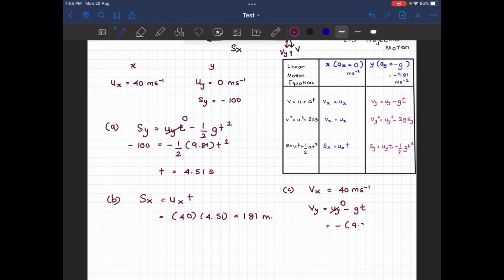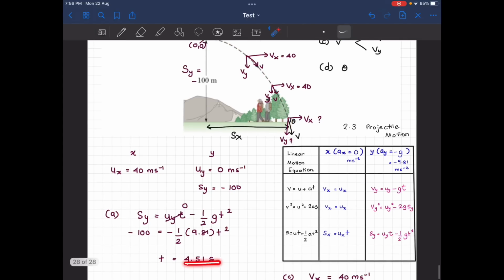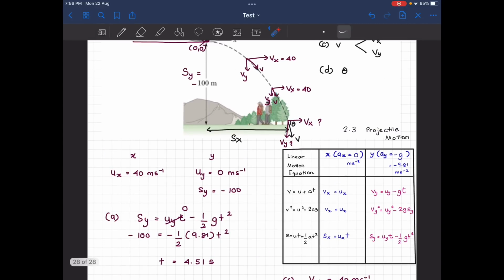G is 9.81. Again, the time from here to the final velocity, the time taken from here to here, is 4.51 as before. So I can use the time here to find the velocity here. Because the time 4.51 is from here, while here the time is zero.